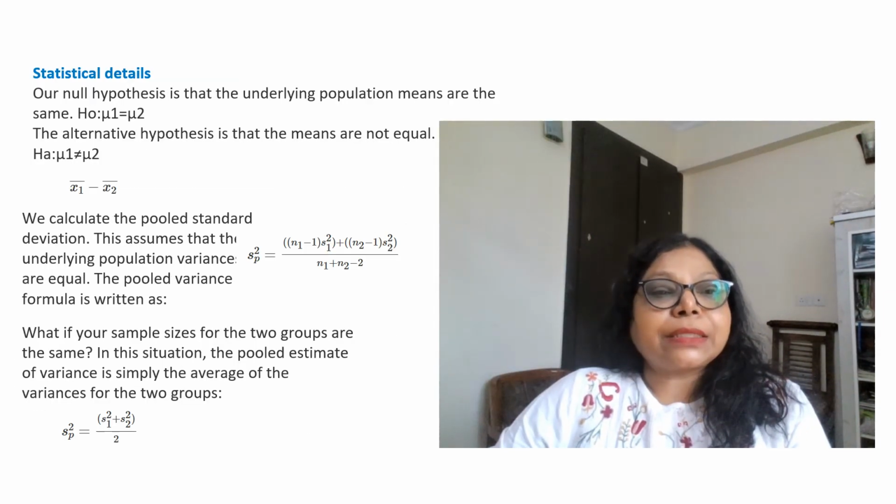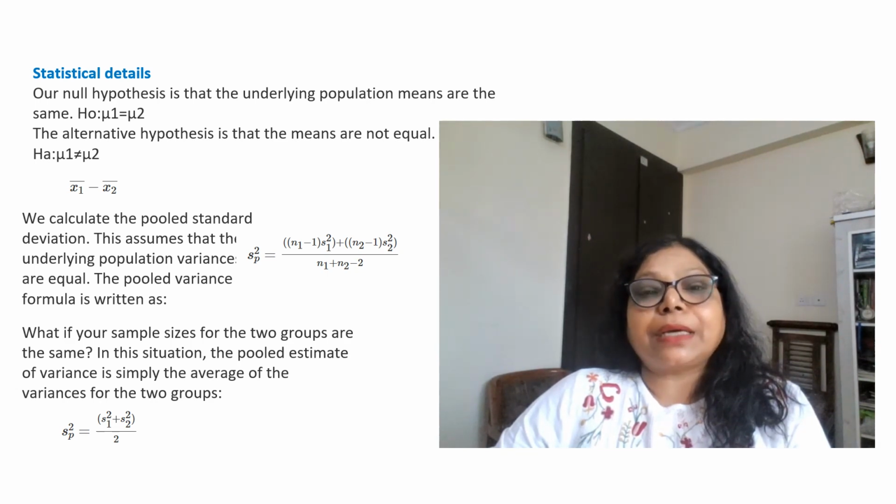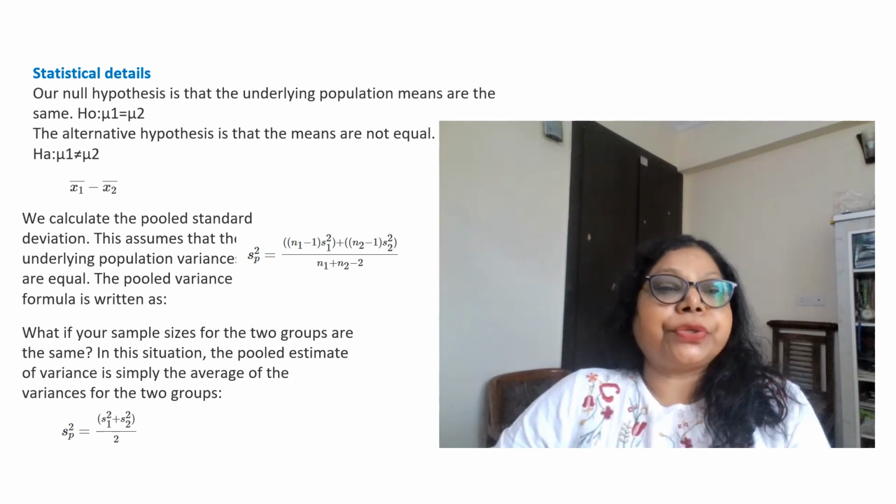So what are the statistical details underlying this? Let's see whether this two sample t-test has accepted our null hypothesis or not. Our null hypothesis is that the underlying population means are the same, that is H0: mu1 = mu2.